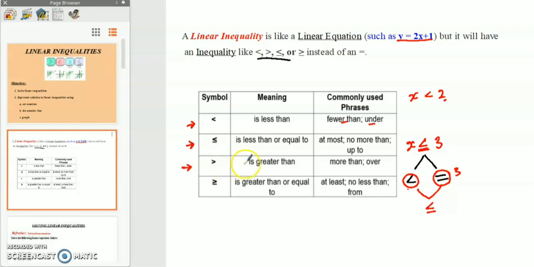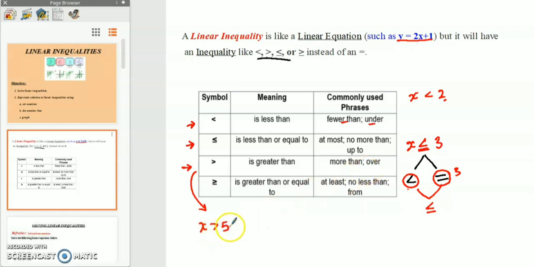And for this part that says is greater than, if we have x greater than, for instance, 5, these are all the x values that are more than 5. So more than or over. And once something is over something else, then it is not on it, it is basically above.